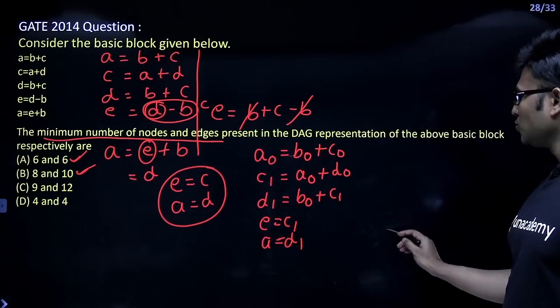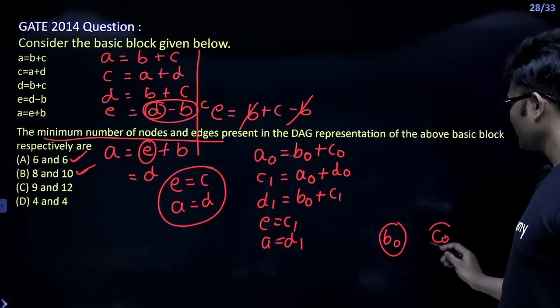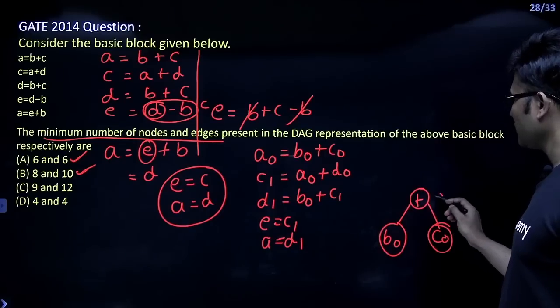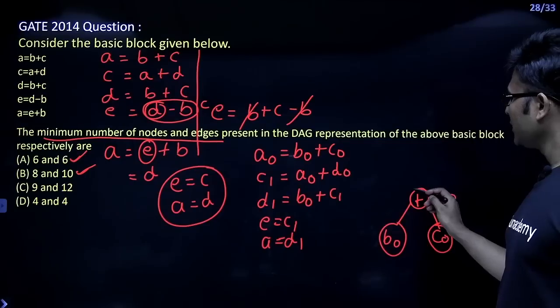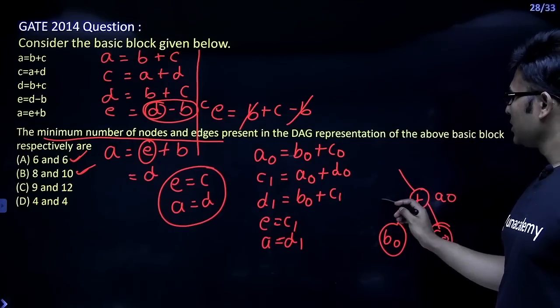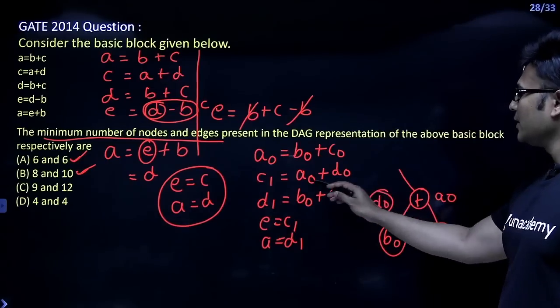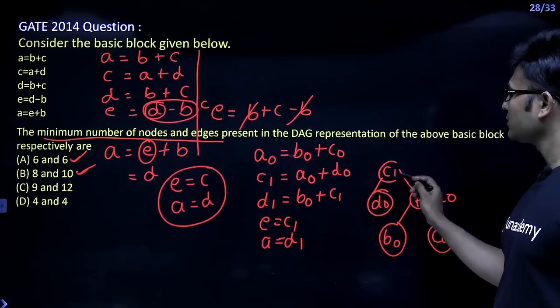Now if you try to do it, it is B naught and C naught. If I add these two, I am going to get A naught. Now we take A naught and D naught, and if I add these two, I am going to get C1.